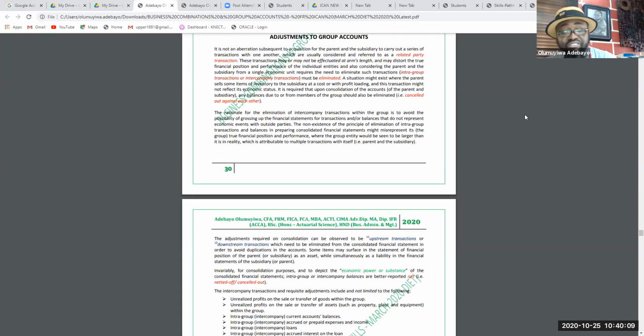And that also is a form of group adjustment that might come up. And these are practical discussions on group adjustment. But again, group adjustment results from intercompany transactions or intergroup transactions.